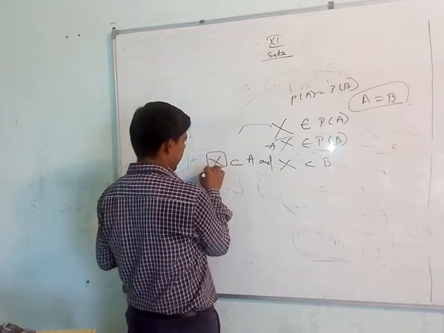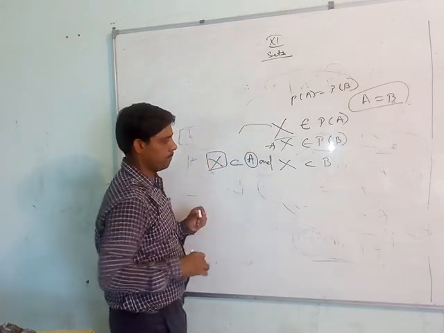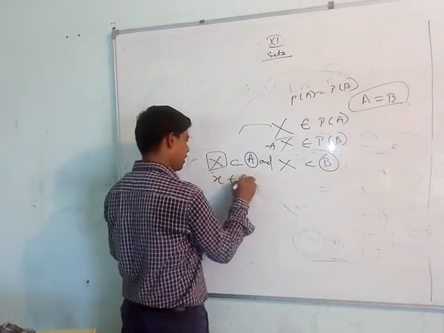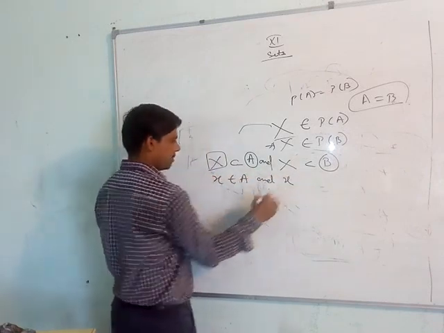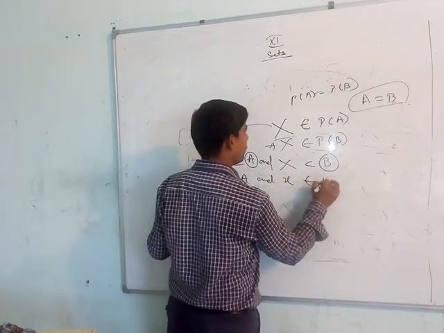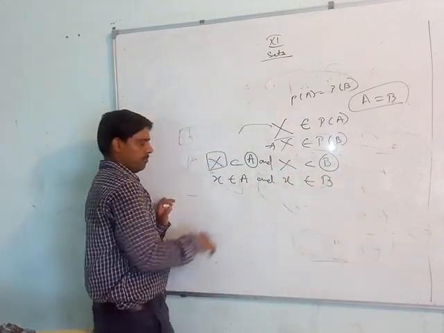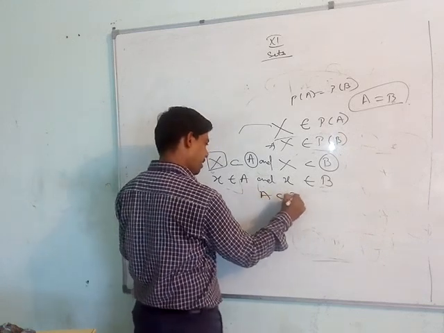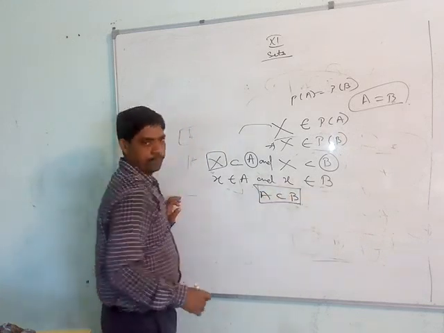All the elements of X are in A, and here we are getting some small x belongs to A and some small x belongs to B, right? So if x belongs to A and x belongs to B, this means A must be a subset of B.